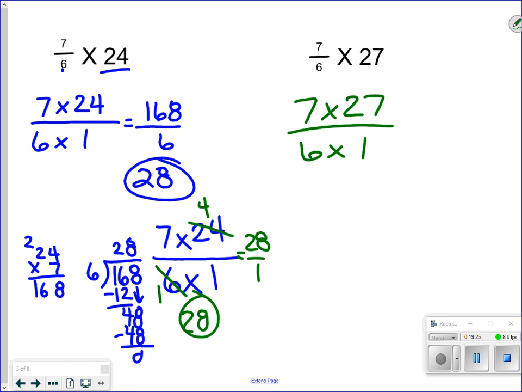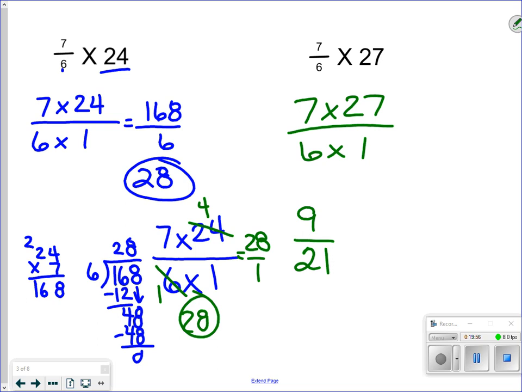Think about simplifying because it's not always going to be that exact number. Whenever we were simplifying, say I had some random number, 9 over 21. Now, 9 can't go into 21.